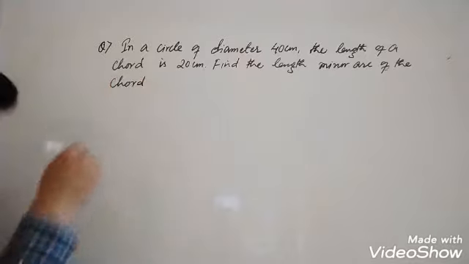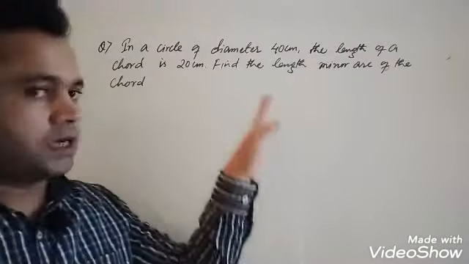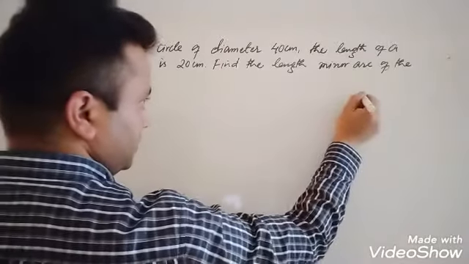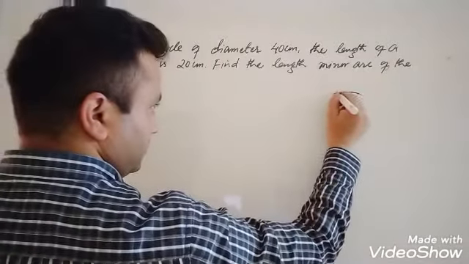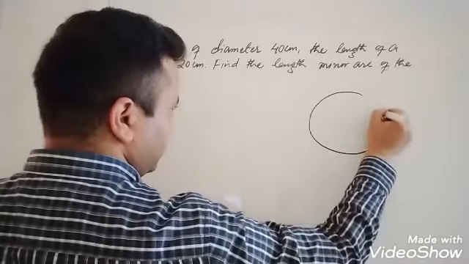Okay. First, the question: in a circle of diameter 40 centimeter. So the diameter of the circle is 40 centimeter.